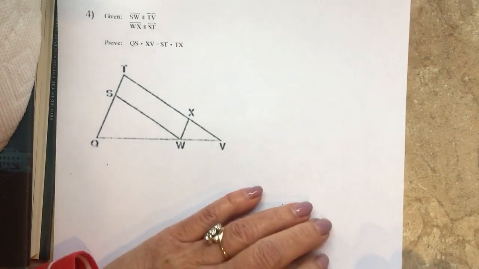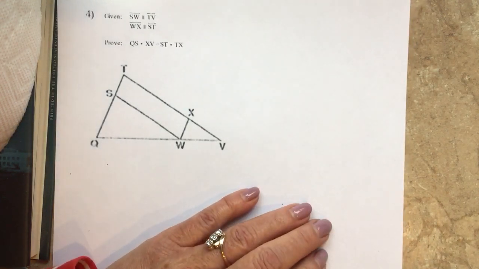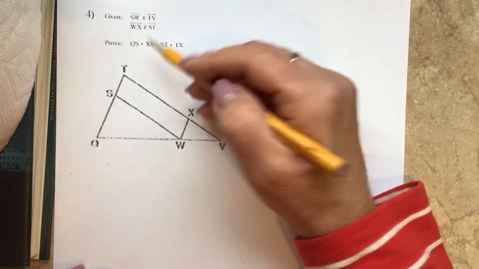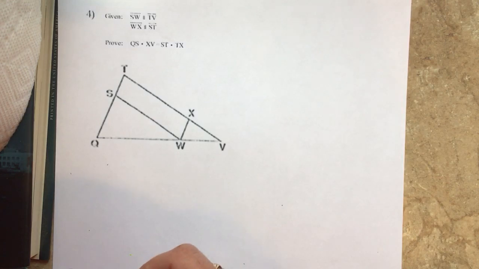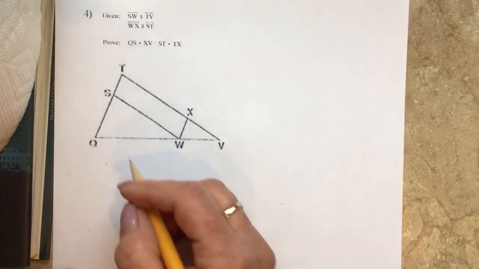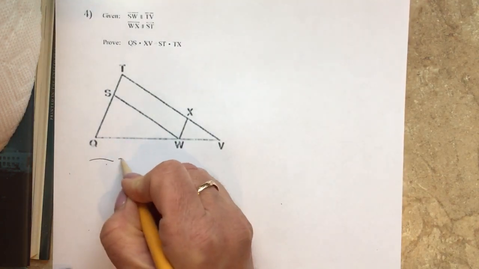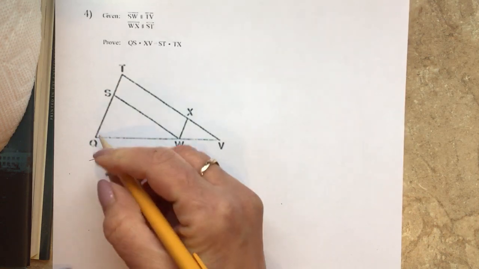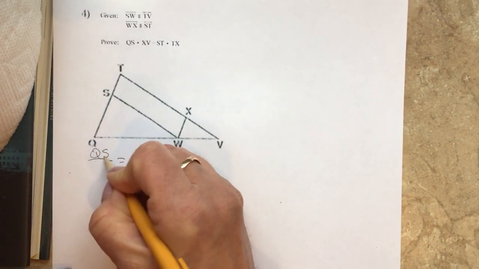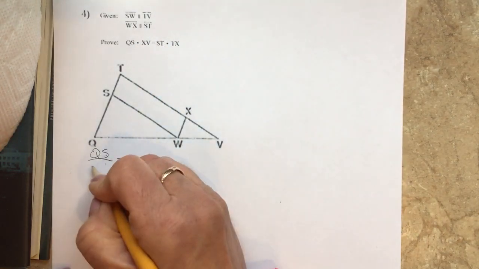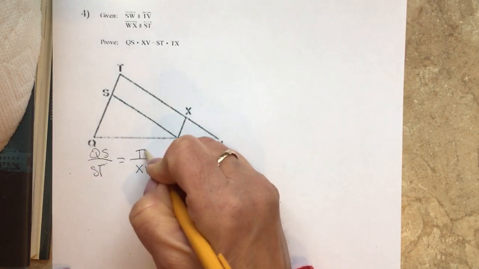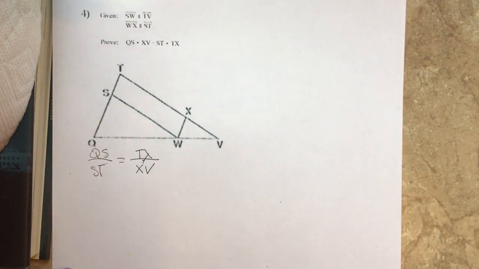Okay, so let's start from setting it up. All right, so we know that we want to, let me see how low I can go, okay. All right, QS, XB, there's my cross multiply right there, ST and TX. Where's my number 4?